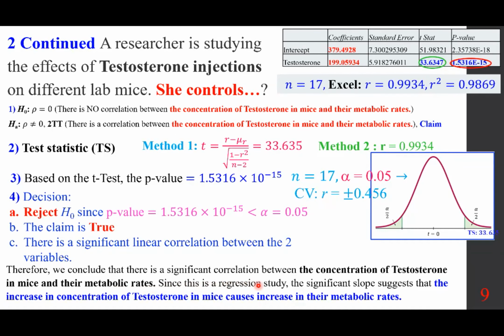Since this is a regression study, the significant slope suggests that the increase in concentration of testosterone in mice causes increase in their metabolic rates. This is a regression.